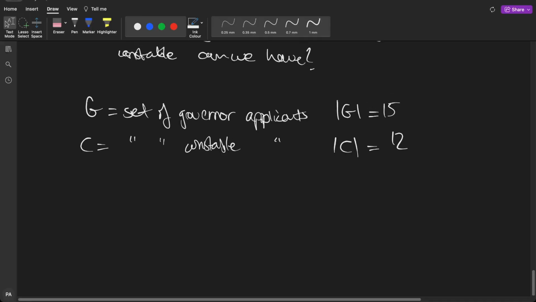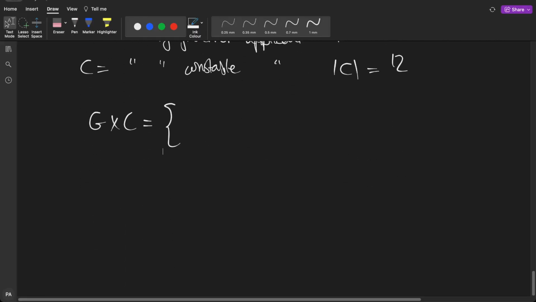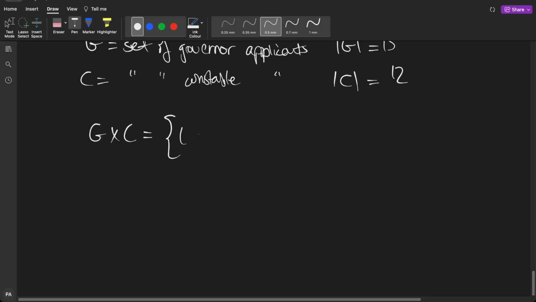From there, it's very simple to see that we can take G times C, because we're looking at those ordered pairs where the first element of that coordinate is the governor, and the second is a constable.